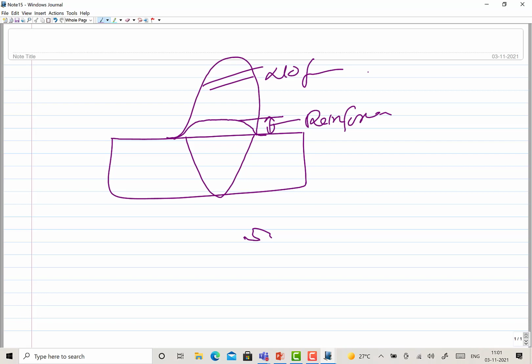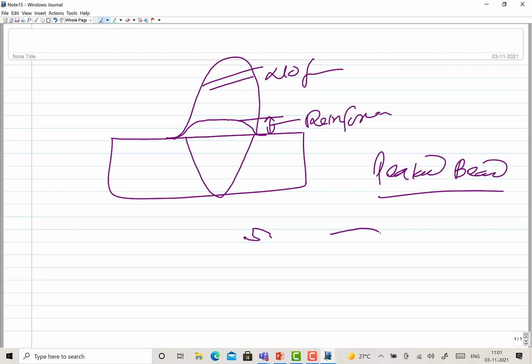Unnecessary high reinforcement or a very peaked bead will not help in any way except in increasing the stress concentration due to the sudden change in cross section. So peaked beads or beads of high reinforcement will not be helpful. That's another poor weld bead geometry.